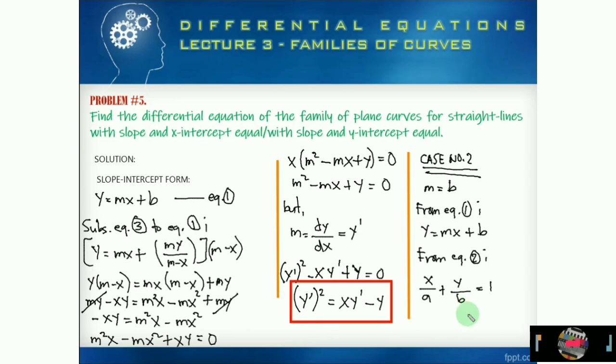So this a is our x-intercept, and this b is our y-intercept. Okay, so we can proceed with this m is equal now to b using this equation number 1.